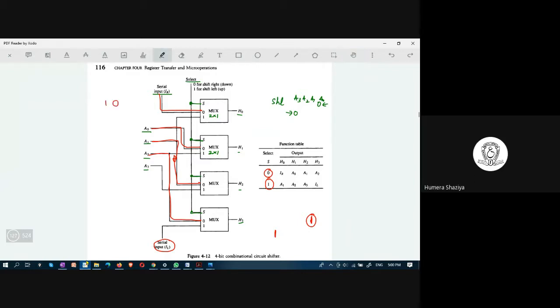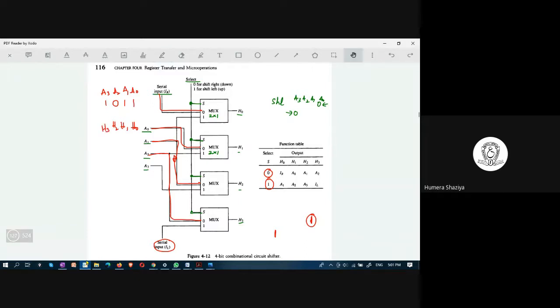Let us take 1011. This is A0, A1, A2, A3. The output you are getting is H0, H1, H2, H3.